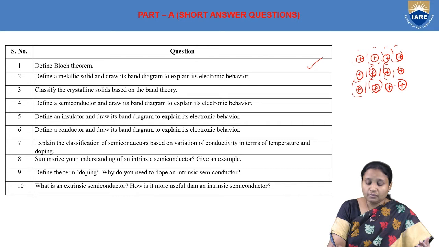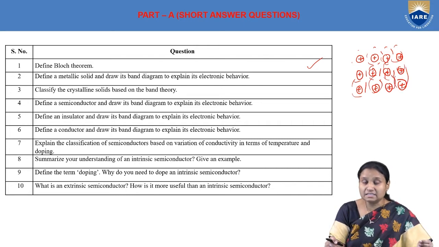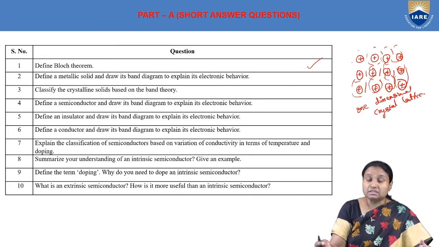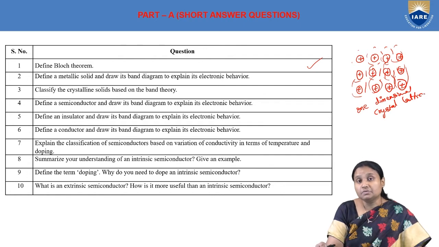So these valence electrons, they are moving freely throughout this crystal structure. Okay, and what we are going to observe here is, depending upon position of electron inside this crystal, I have considered one-dimensional crystal lattice, and based on position of electron in this crystal lattice, its potential is going to vary.